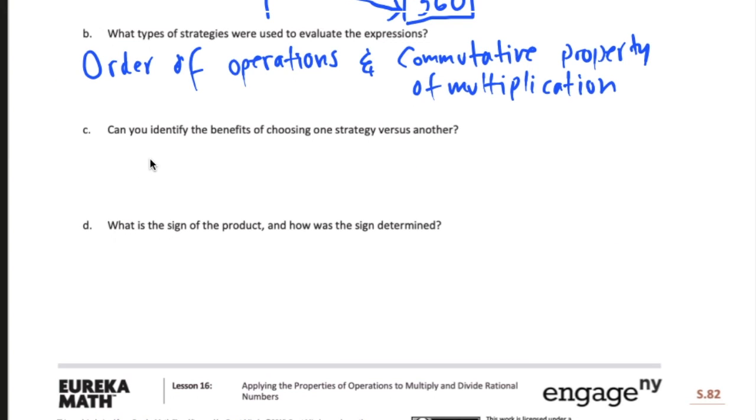Okay, so to answer the following question, can you identify the benefits of choosing one strategy versus the other? Well, let's talk about the order of operations.